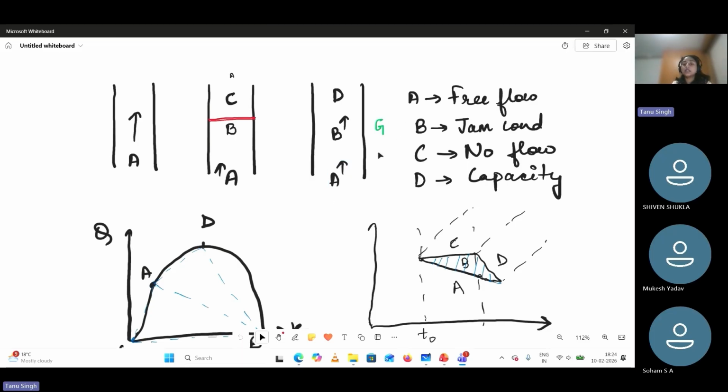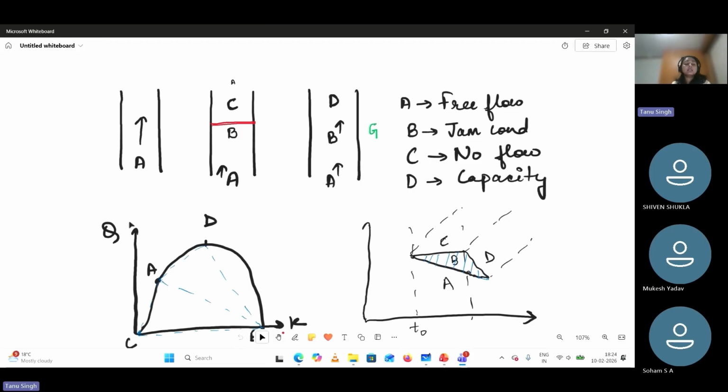The vehicles are coming near the intersection at A as usual. After it turns green, the vehicles start moving with full capacity, that is state D. The vehicles which were in stopped position start to flow with their full capacity, that is D. So these are the three scenarios which happen at a traffic signal.